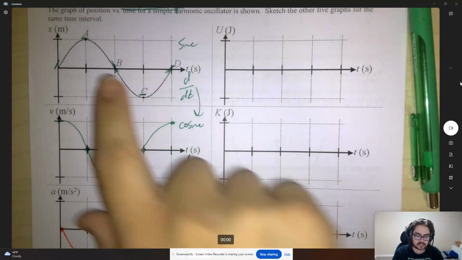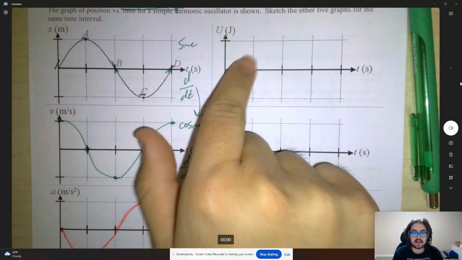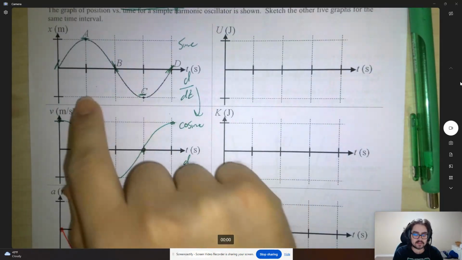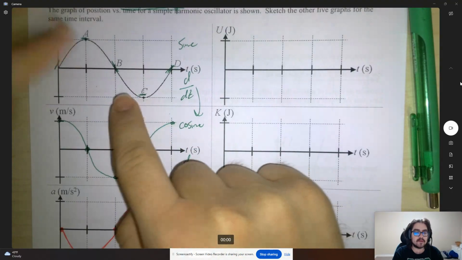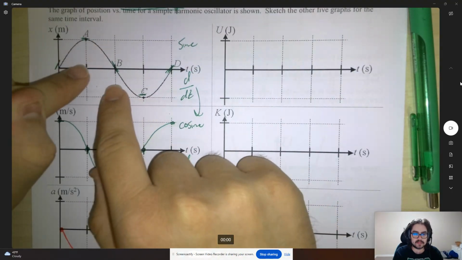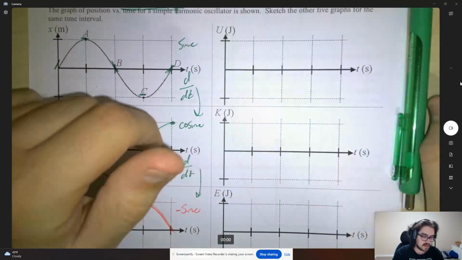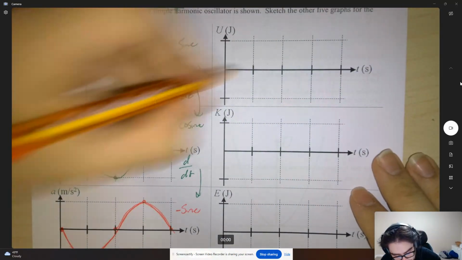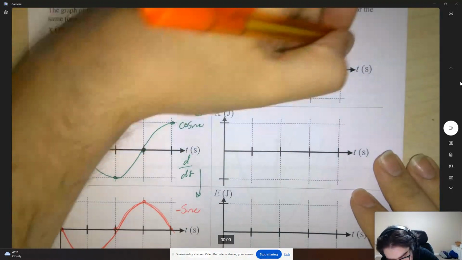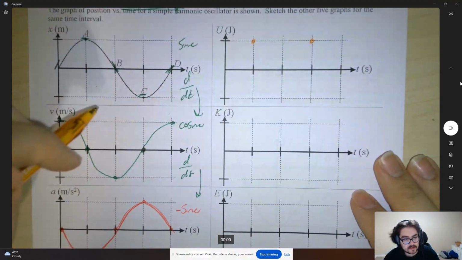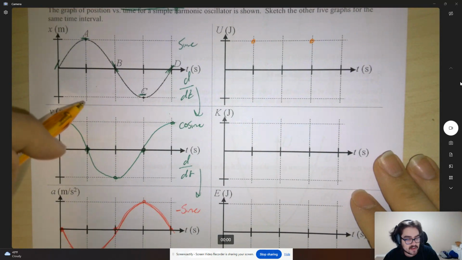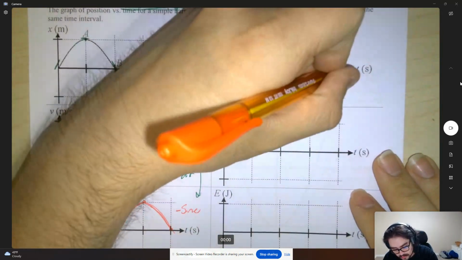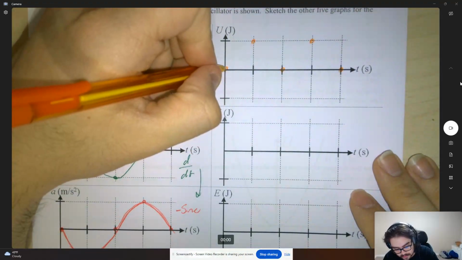So the potential energy should be at a maximum when the position is at a maximum or a minimum. Technically this is a maximum and this is a minimum, but when the magnitude of displacement is really high, potential energy should also be really high. So we should have maximums at this first time A, and again at C, and when there's no displacement from equilibrium, it shouldn't have any potential energy. So it should be 0 at the other times. This is going to look kind of like this.